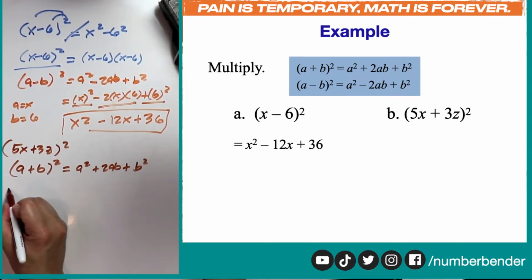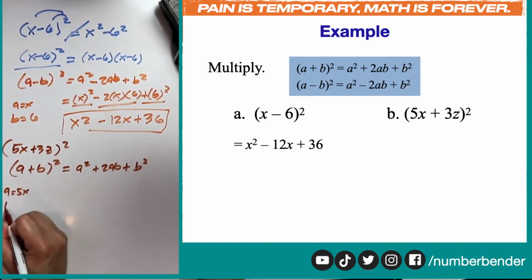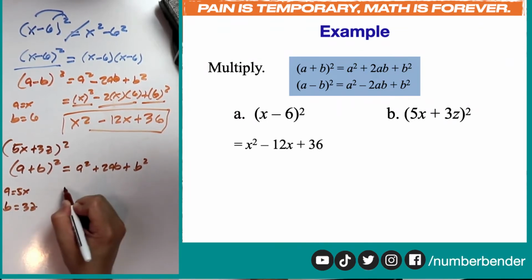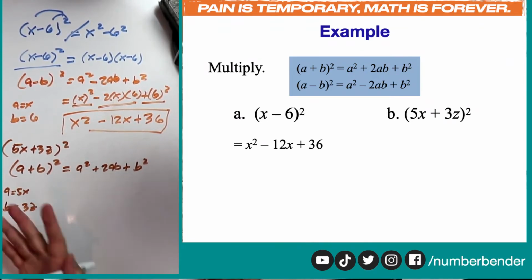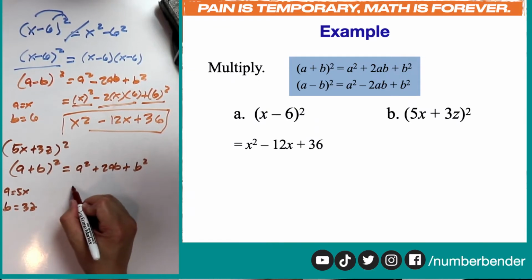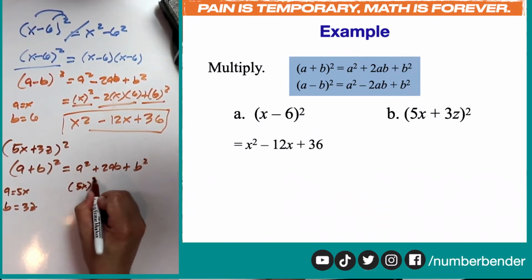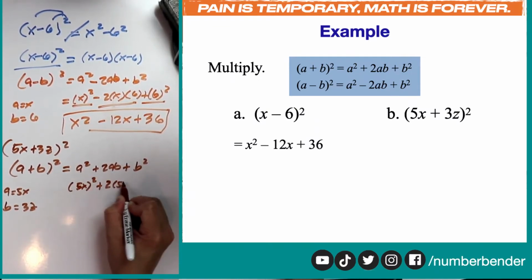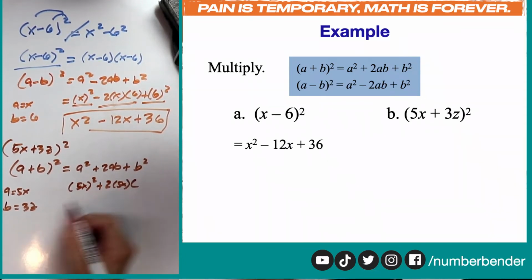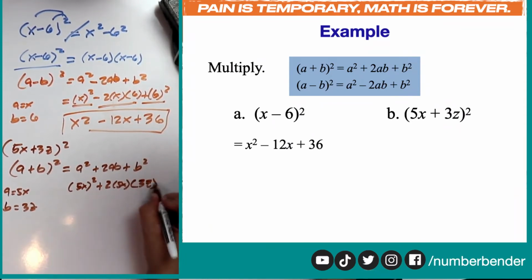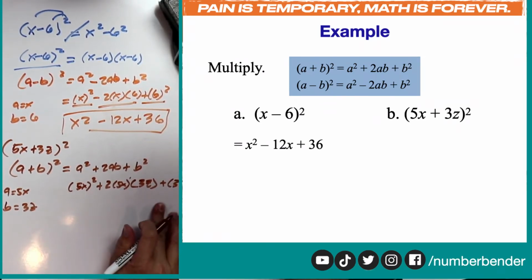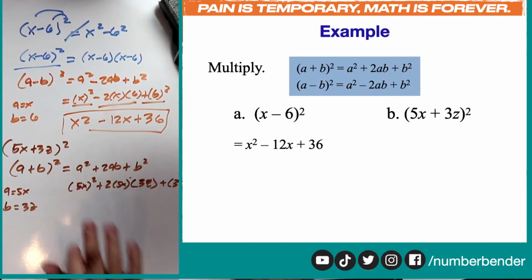So that means a is equal to 5x and b is equal to 3z. And by using these terms, we will replace a with 5x and b with 3z, and 3z squared. And you're not seeing the last term, but you know.